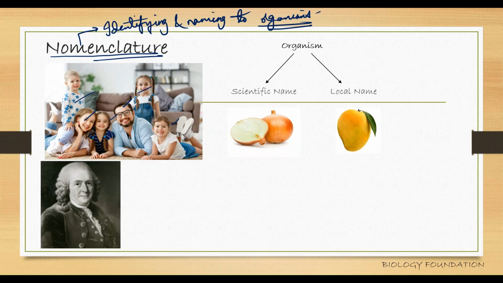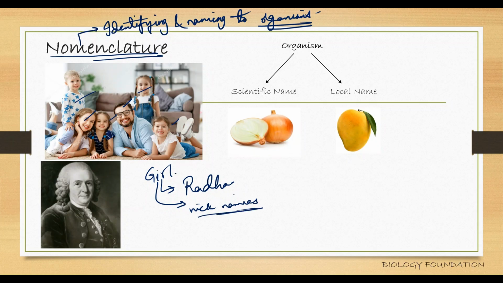For example, we all have names, usual names. Let's assume a girl is given her name as Radha, but at home she is called by a nickname. Each one of you has a nickname given by your parents, right?